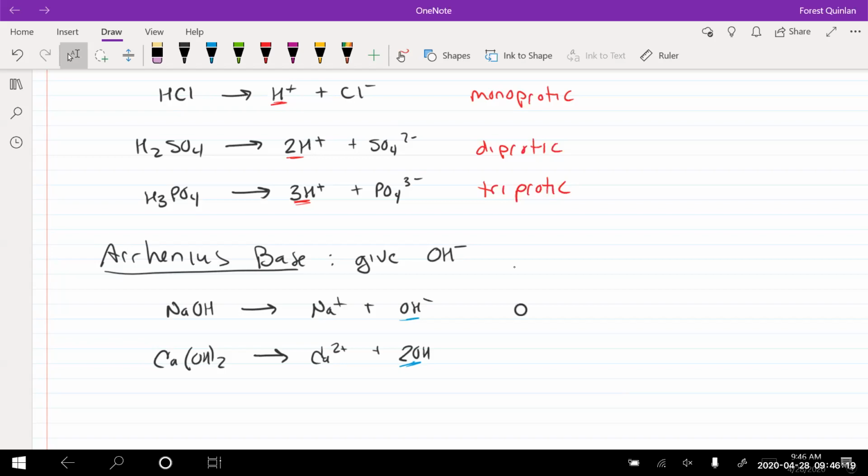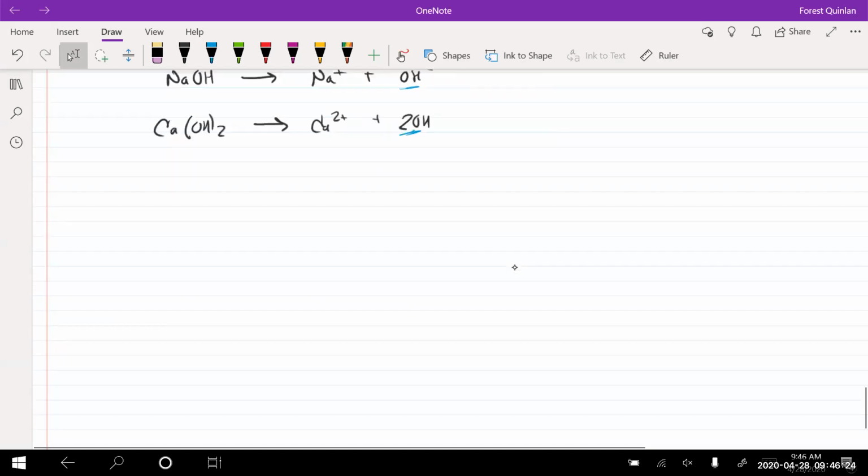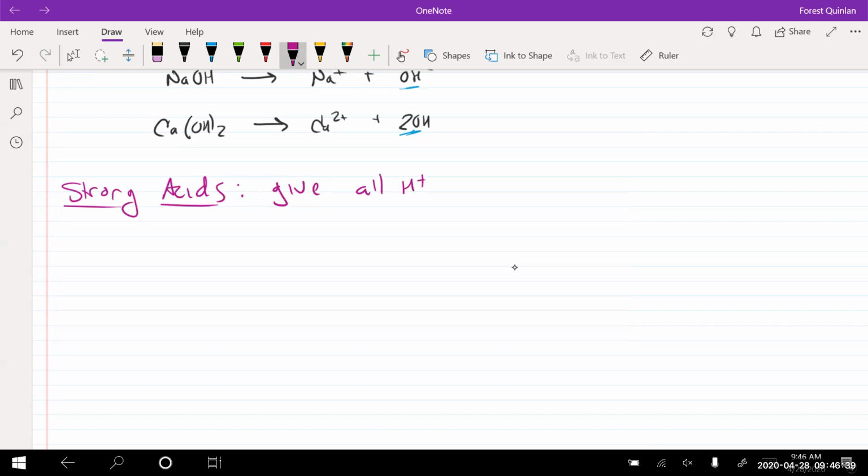But let me talk about what it means to be a strong and a weak acid, strong and a weak base. So, strong acids. These will give all H pluses, okay? Completely, 100%. There are only 4 of these guys that I expect you to know. There are a few more, but I expect you to know these 4.